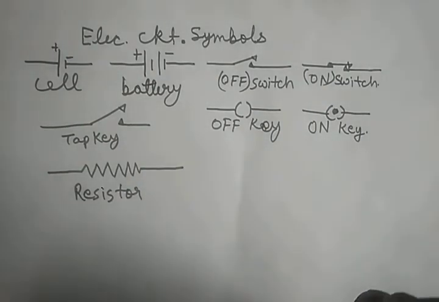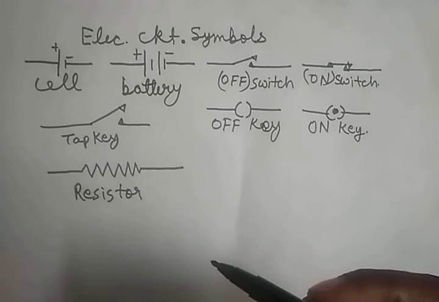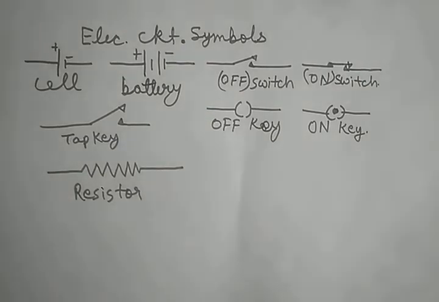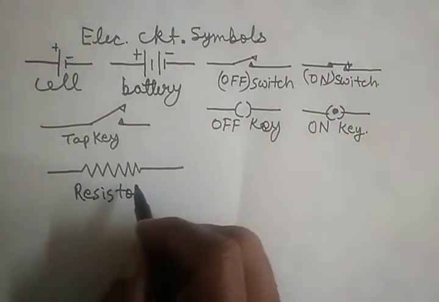However, it also resists, but a resistor is something in which that electrical energy is being consumed, like electric iron, like rods, like electric lamp, etc. So this is a resistor.